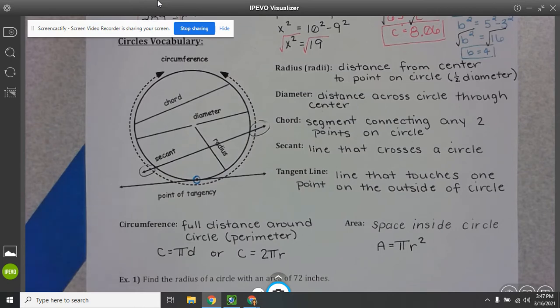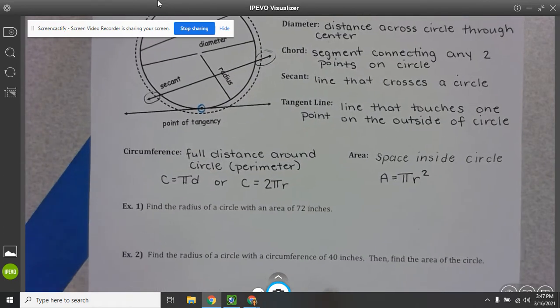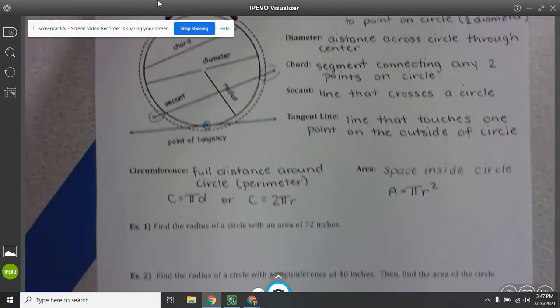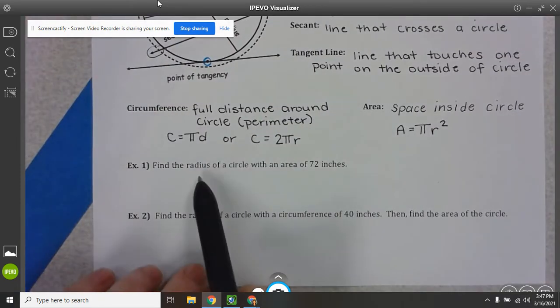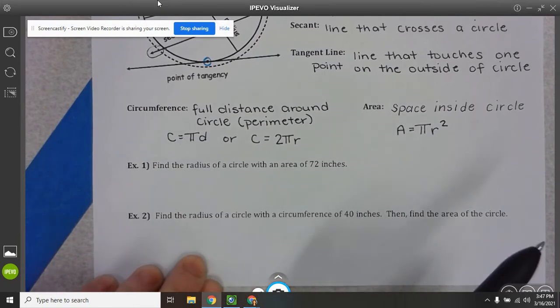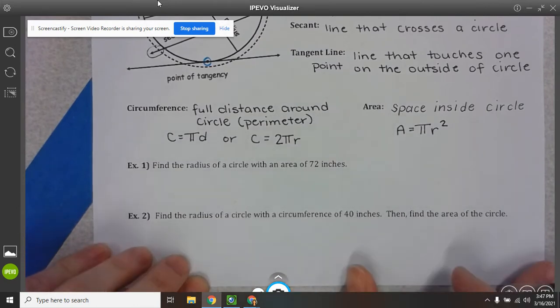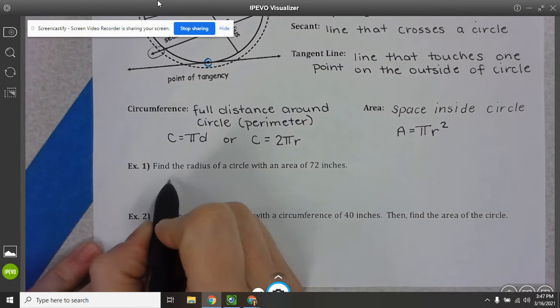And just to make sure that we remember all of the things with the mathing of circumference and area, we're going to do 2 examples down here at the bottom. If I can get my camera to agree with me. So find the radius of the circle if the area is 72 inches.